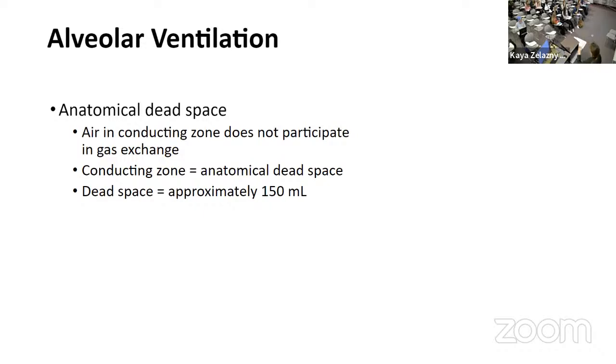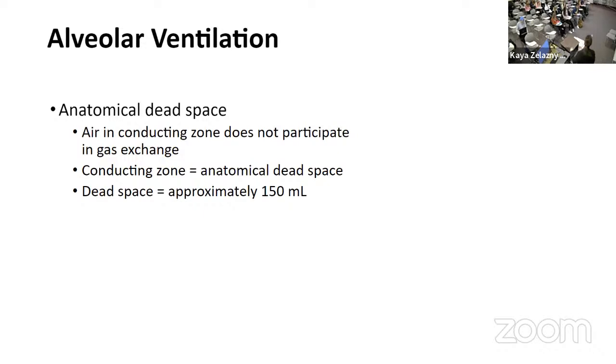So remember that we have a conducting zone and a respiratory zone when we're talking about our airways, right? The conducting zone was the air in your nose, in your mouth, in your trachea, in your primary bronchi, secondary bronchi, tertiary bronchi, and so on, until we get to those respiratory bronchioles, right? We don't have gas exchange happening until we get to the respiratory bronchioles.